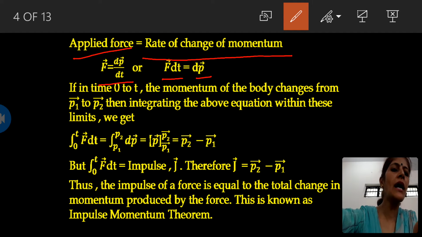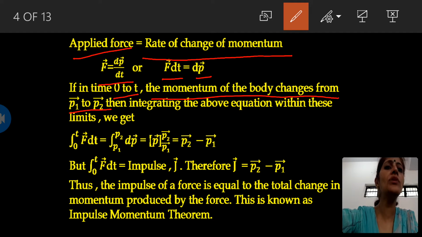Now if you consider the time change from 0 to t, then in time 0 to t, the momentum of the body, say, changes from p1 vector to p2 vector. Taking integration on both sides of the above equation, the limits of time are from 0 to t and the limits of p are from p1 to p2.